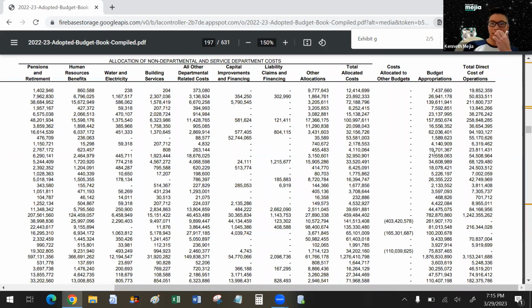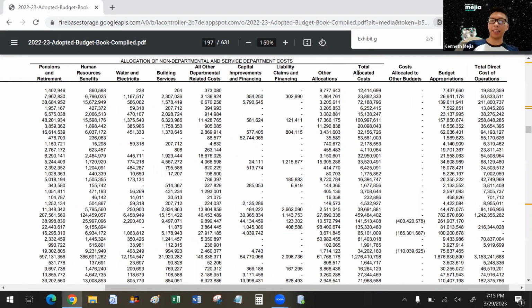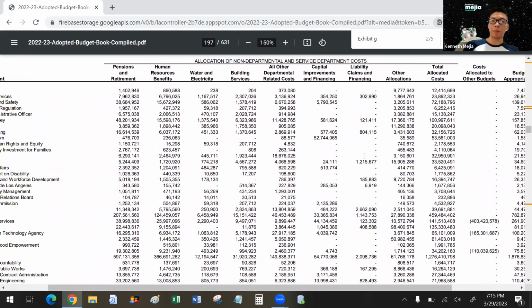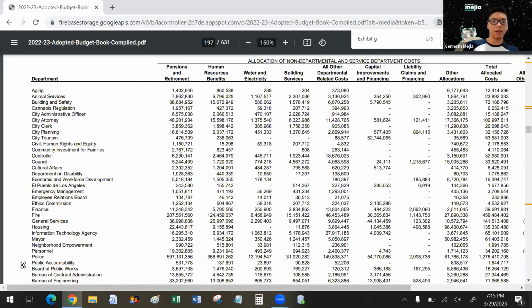There looks like there is a 33 million dollar difference, right? Those are the other costs associated with other allocated costs right here that the department will get from city taxpayer dollars. And those include things like pensions, right? If you're an employee of the city controller, you're going to get a pension and you get part of that budget as a controller employee.